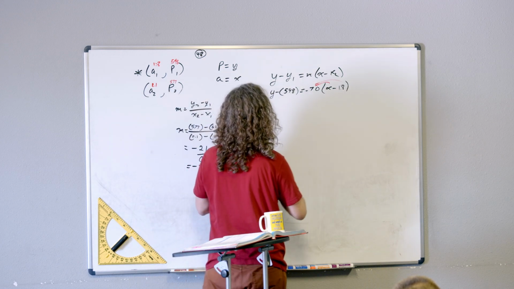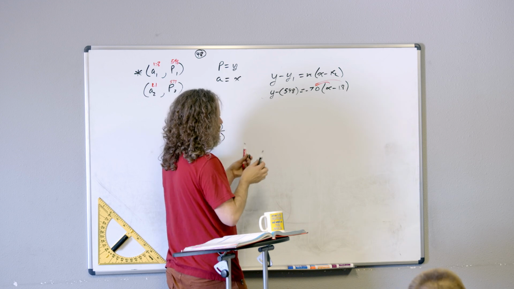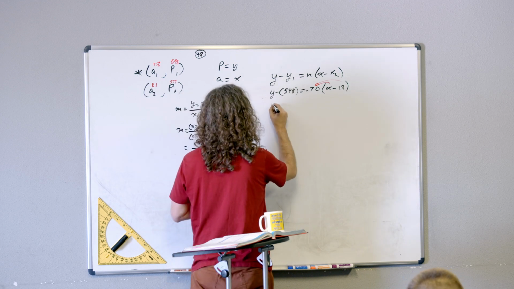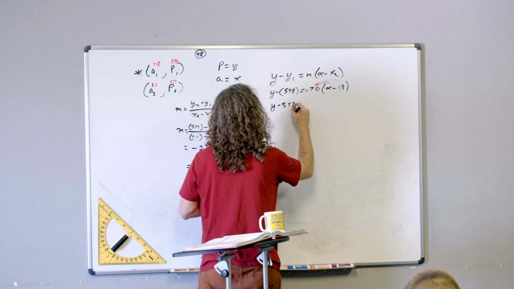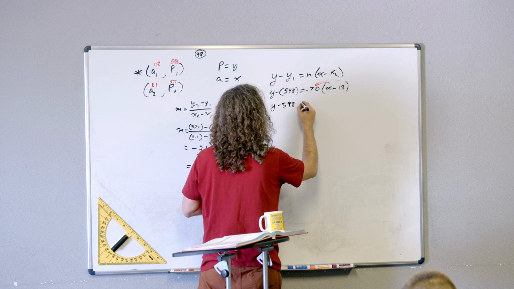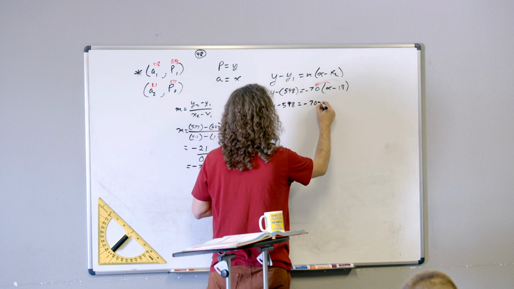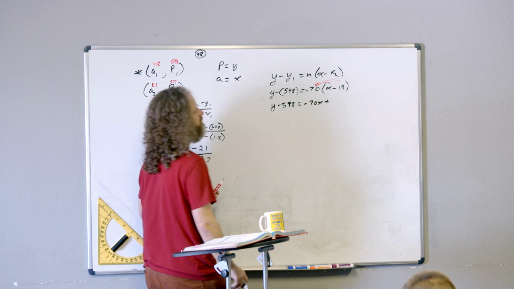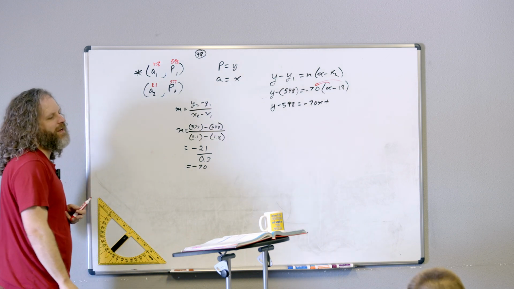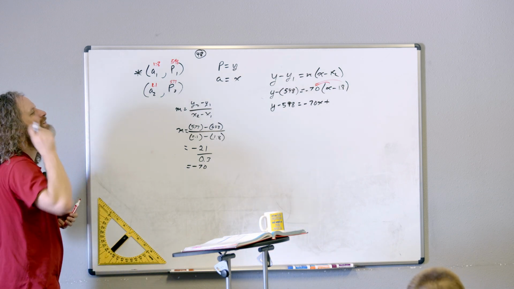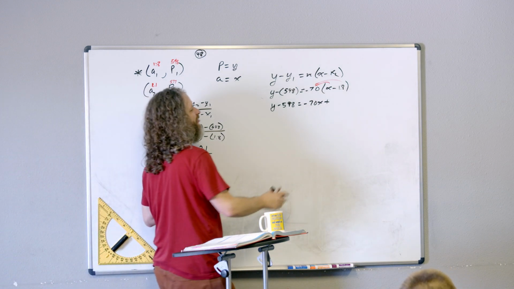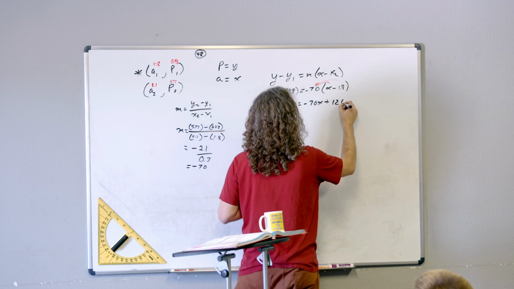Distribute, bam, bam. Y minus 598 equals negative 70x plus what? Negative 126. Definitely not negative, because negative times the negative is a positive. Oh, it's a negative. I didn't see that.